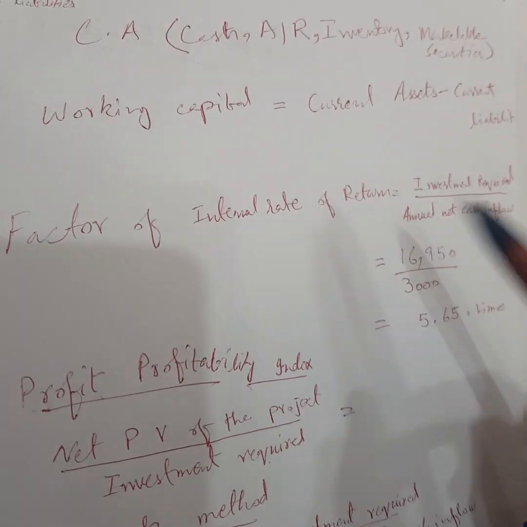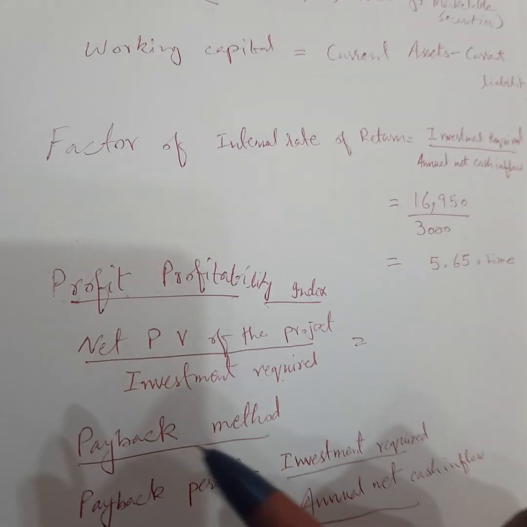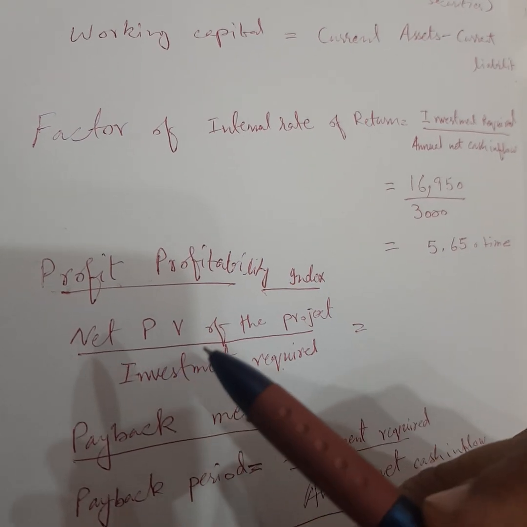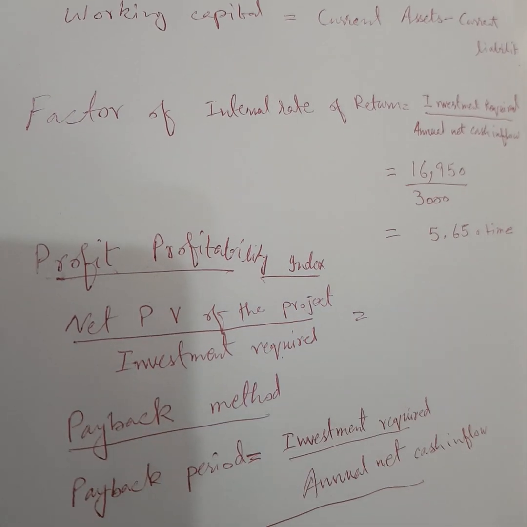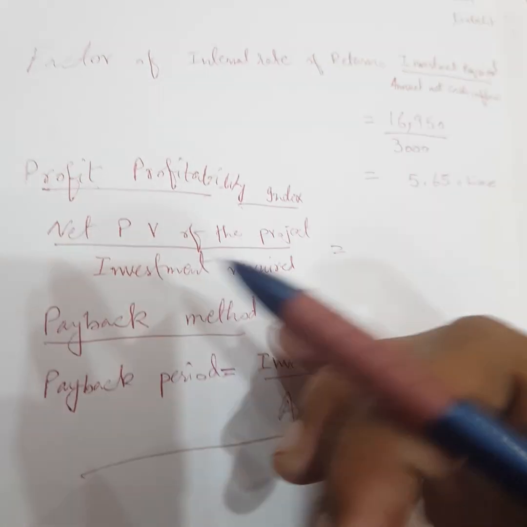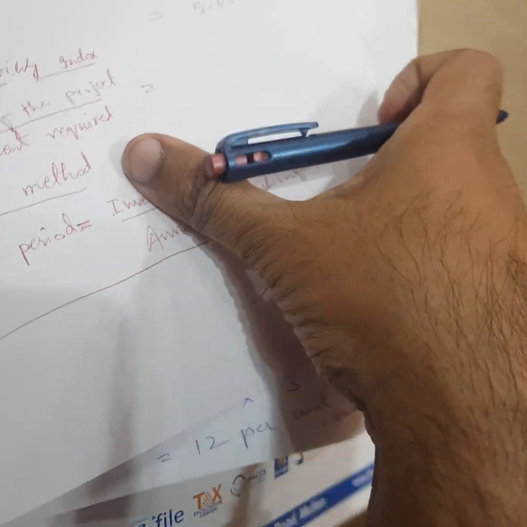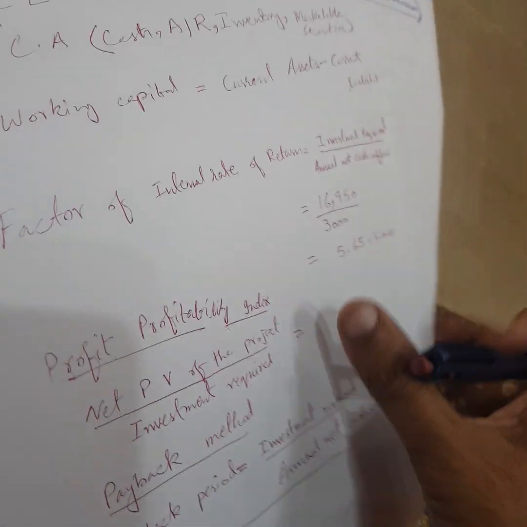Then comes the profitability index, that is the ratio of net present value of the project and investment required. Payback period tells us in how much time our initial investment amount will be recovered.